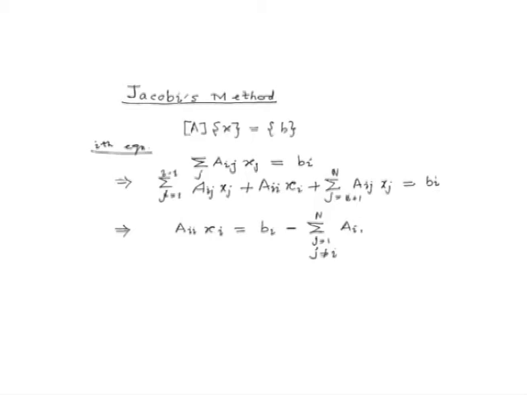a_ij x_j, or x_i is equal to 1 by a_ii (b_i minus sigma j is equal to 1, j not equal to i, to n a_ij x_j).